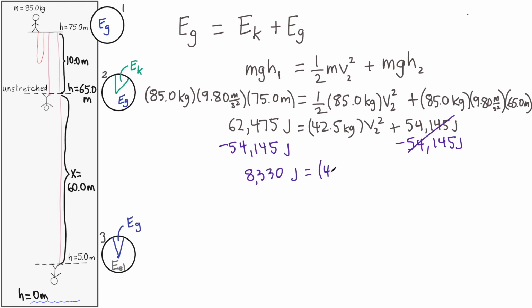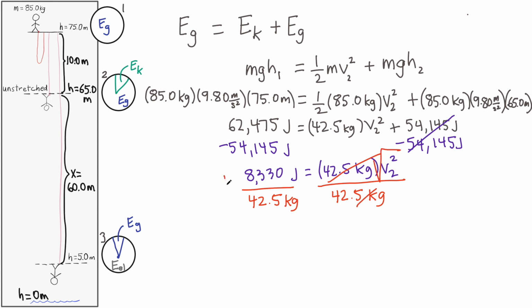That will equal 42.5 kilograms times the unknown speed squared. Now we need to divide through by 42.5 kilograms. That will cancel. And then taking the square root will get us our answer. And our answer, reported with 3 significant figures, is 14.0 meters per second.